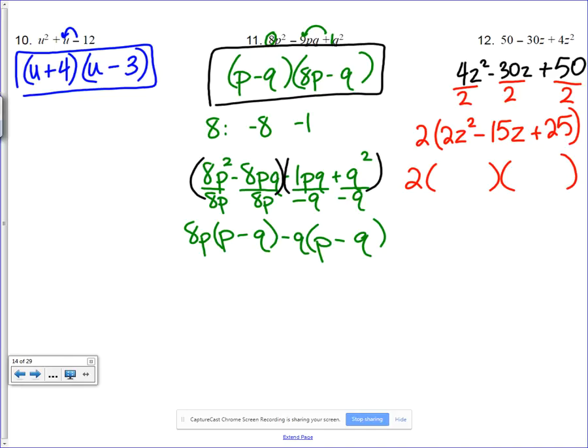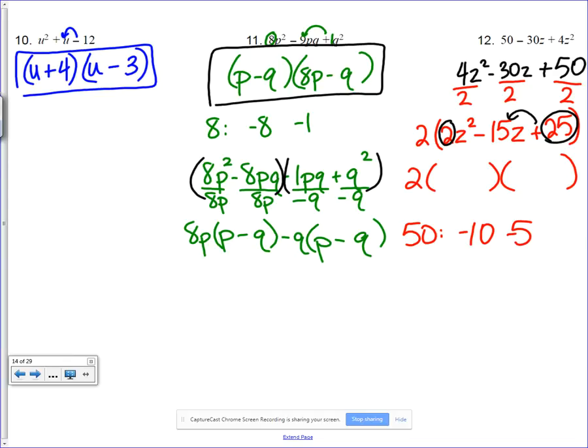Does it start with a 1? It doesn't. So we need to multiply our first and last terms, which gives you what? You need factors of 50 that will add to 15. What's that? 10 times 5. And they will both have to be negative.